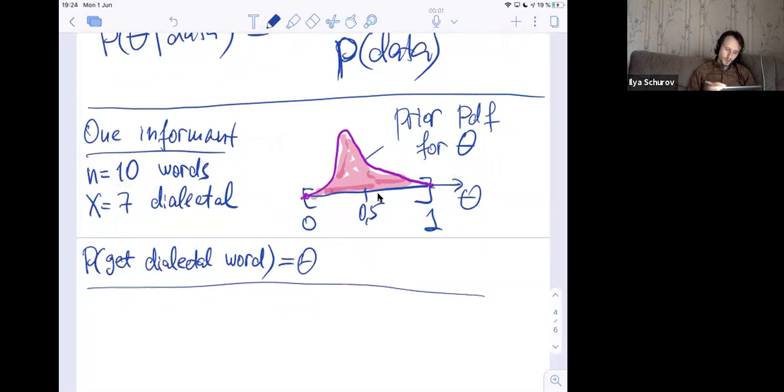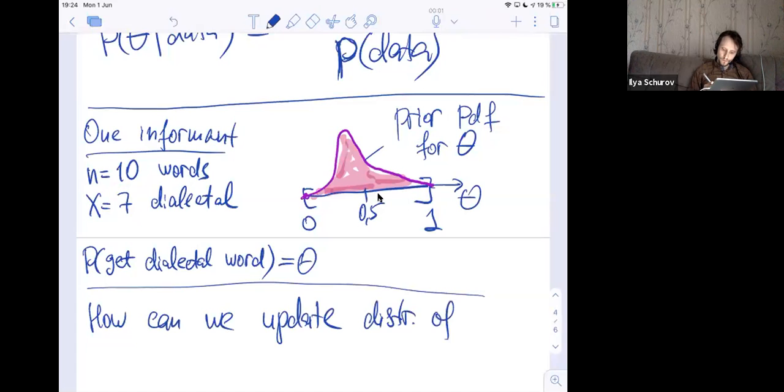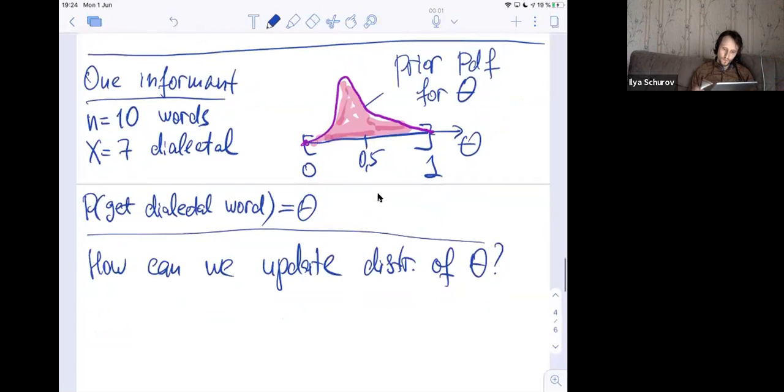Then I can ask you a question. How can we update distribution of theta? So I want to find posterior distribution of theta. In this case, I do not use probability because my theta is a random variable. So instead I will use probability density function.